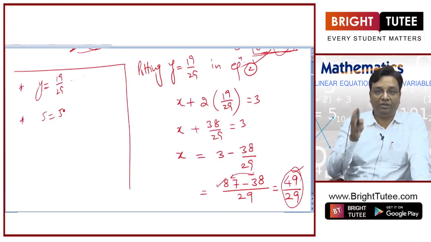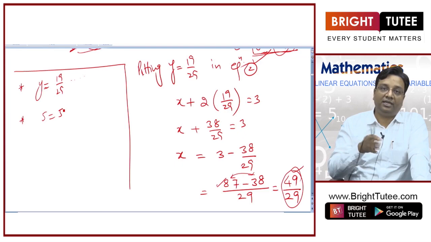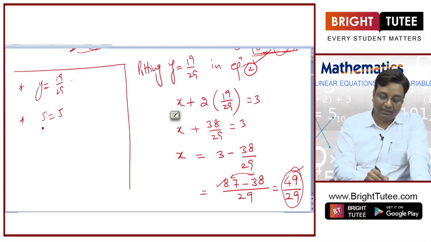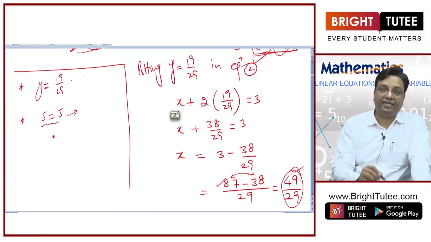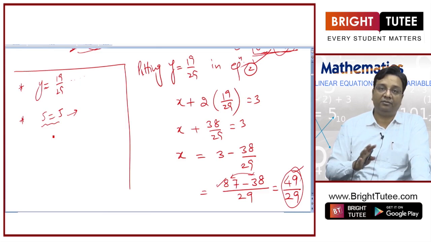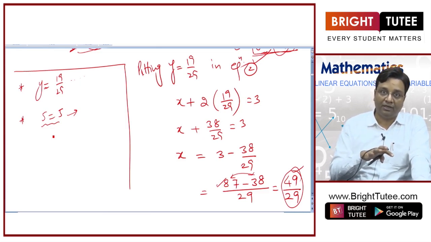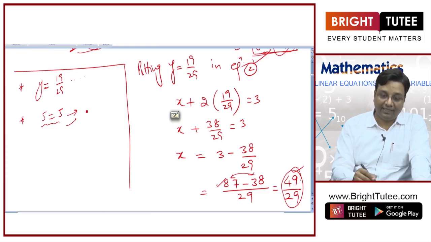Once you substitute a variable, you will be left with no variable because all the variables will cancel out and you will get a result like 5 equal to 5. In such cases, we will say it is true for infinite number of values, or it is true for all the values of that variable. And this happens in case of coincident lines, which have infinite number of solutions, right?